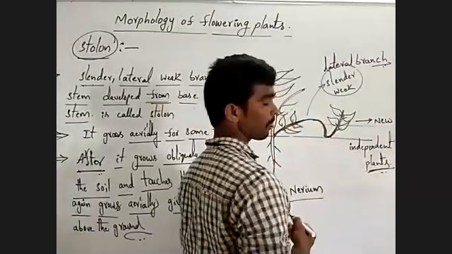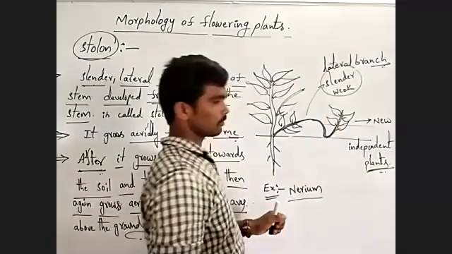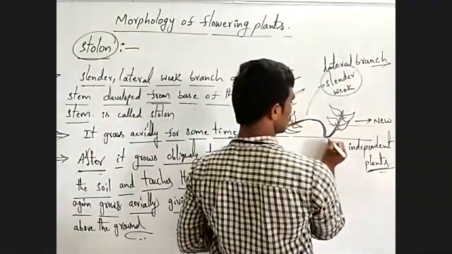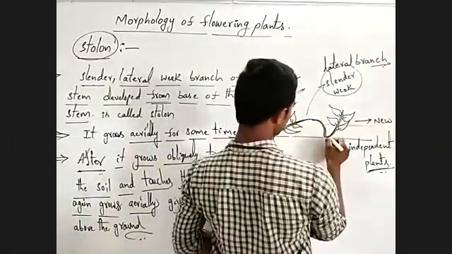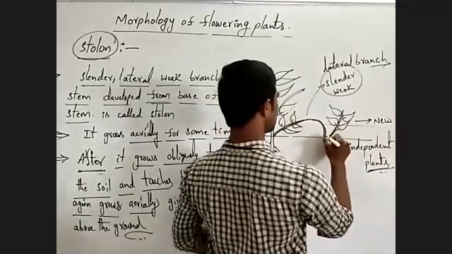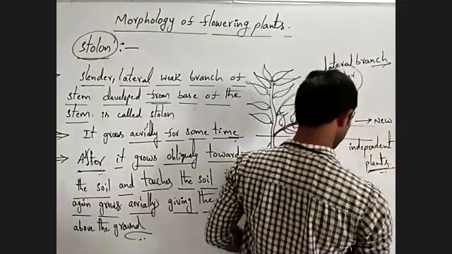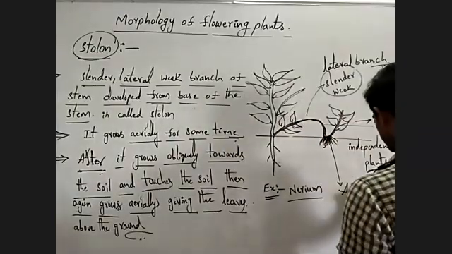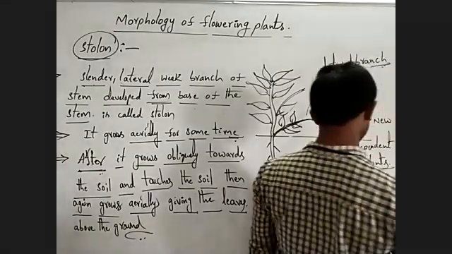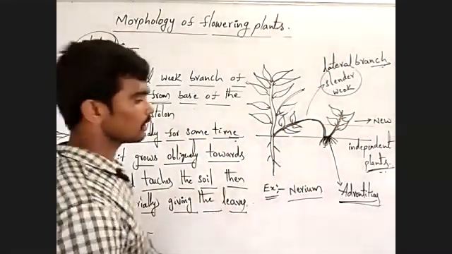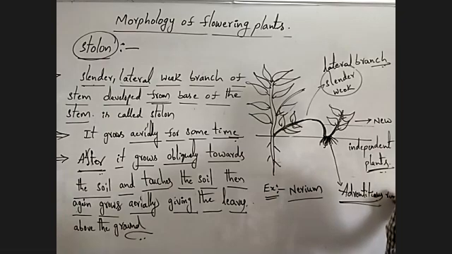From the part of the stem which is attached to the soil, adventitious roots are formed.